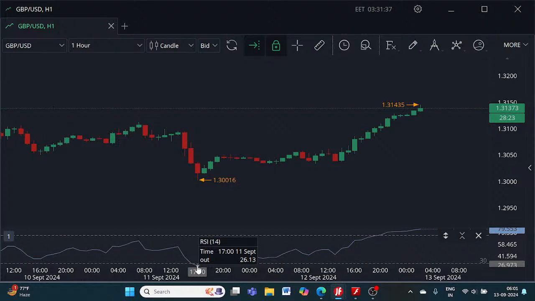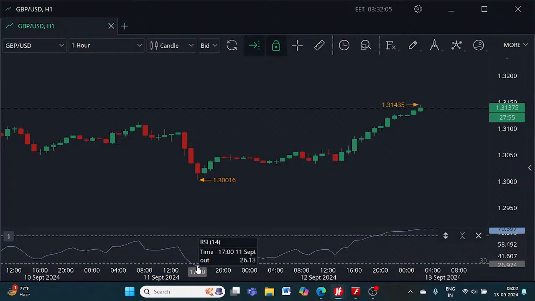But as I said, it also points out that now this might be the end of the road, and in the coming hours, in the coming period, there might be a shift in the momentum. So what happened here is RSI went into the oversold territory that indicated a strongly bearish tendency, but at the same time, the caution was warranted.